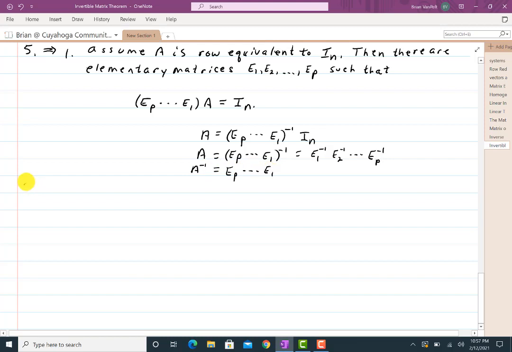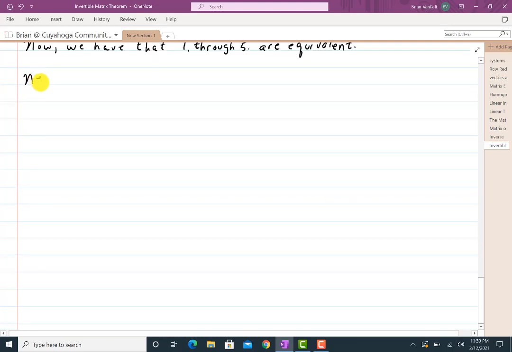So now, we have that 1 through 5 are equivalent. Next, we prove 1 implies 6, implies 7, implies 4.